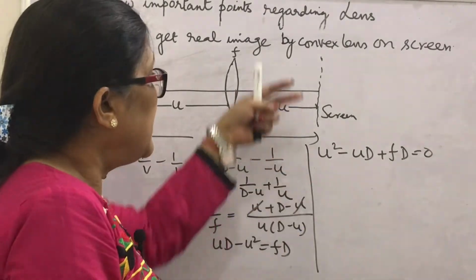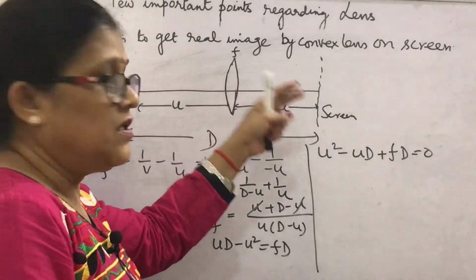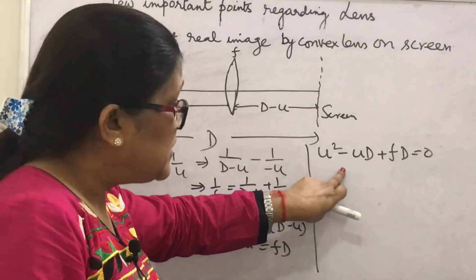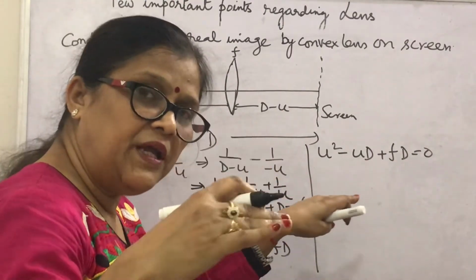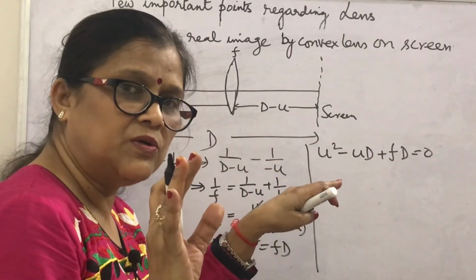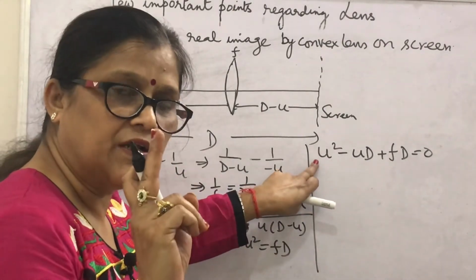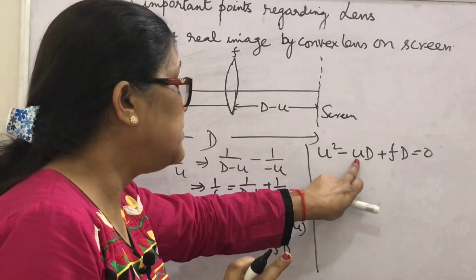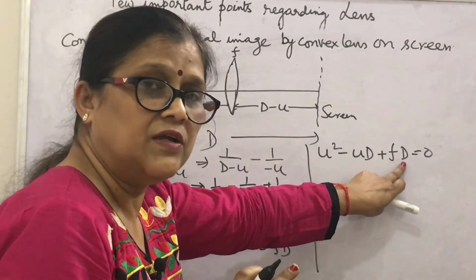To get a real image by the lens on the screen, as we are discussing, the discriminant b square minus 4ac should be greater than or equal to 0. You know what a is? Coefficient of u square, that is 1. What is b? Coefficient of u, that is minus D. And what is c? This is fD.